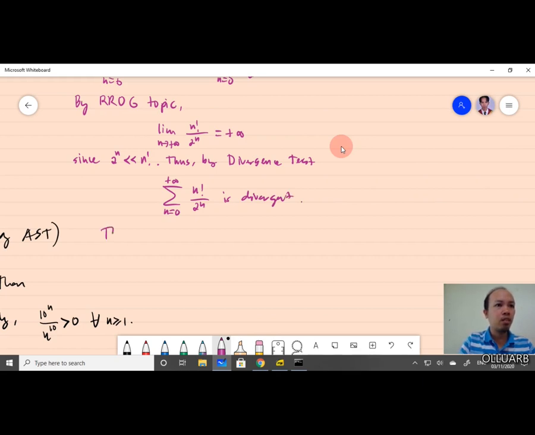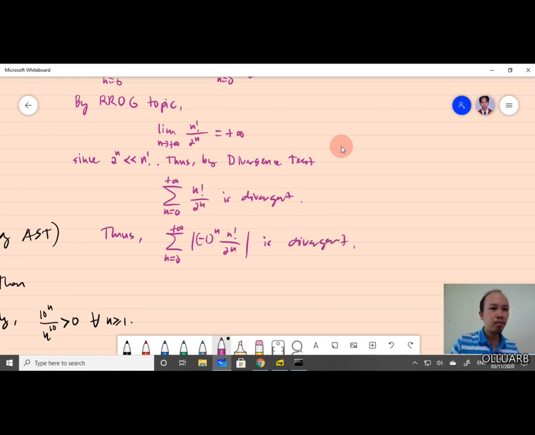Thus the summation of absolute value of negative 1 to the n, n factorial over 2 to the n, n starts from 0 to positive infinity, is divergent.